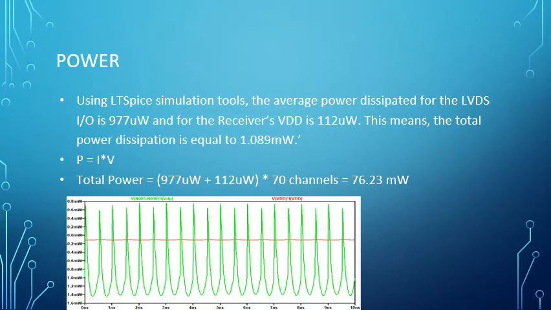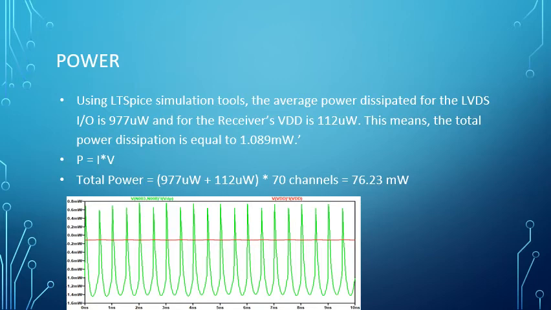So when we measure power on LTspice, we multiply the current with the voltage at VDD, so we can see how much power is dissipated from the VDD source. But we also did it on the differential voltage to see how much on average was getting dissipated from that.